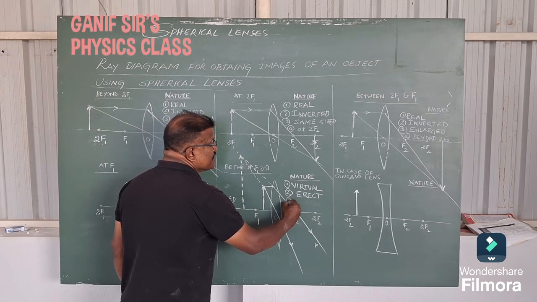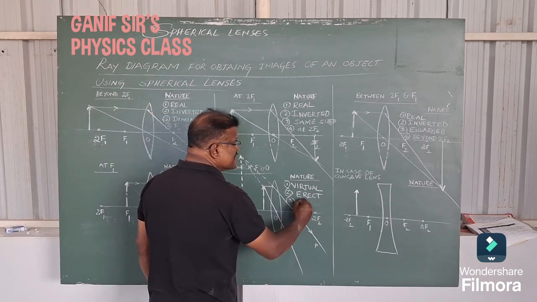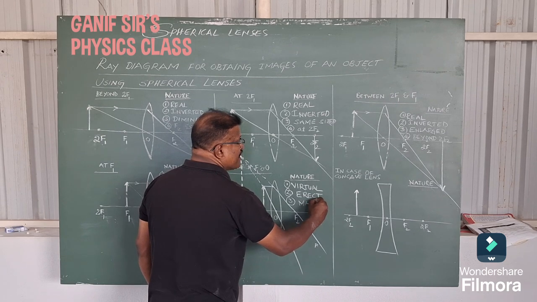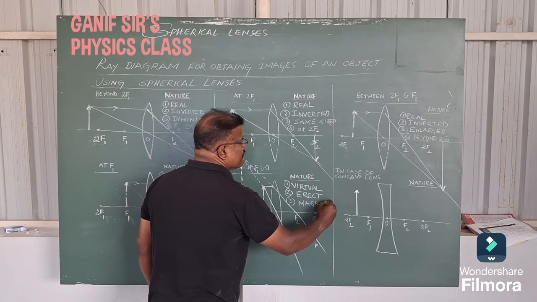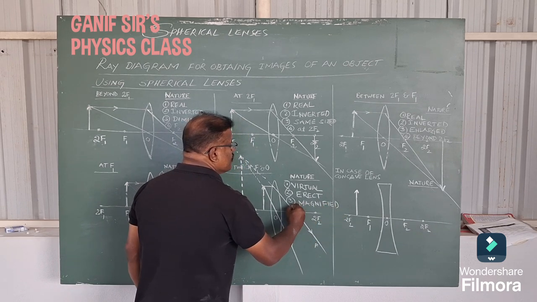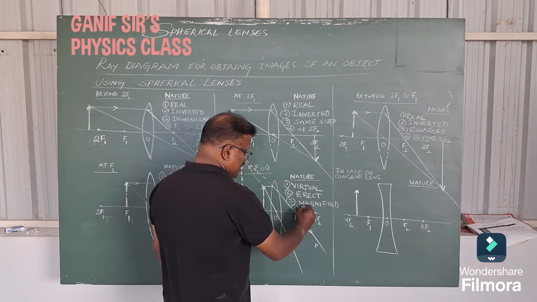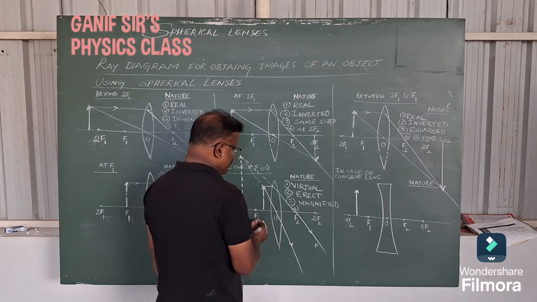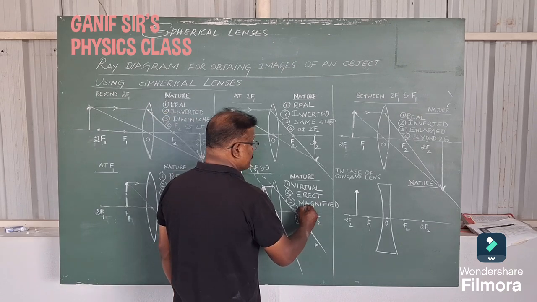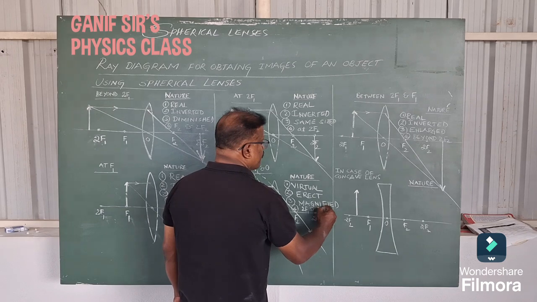And third one is regarding the size. The size is enlarged or magnified. I should write magnified. Fourth one is regarding the location. According to our diagram, it seems as if it has come from a point lying in between 2F1 and F1.